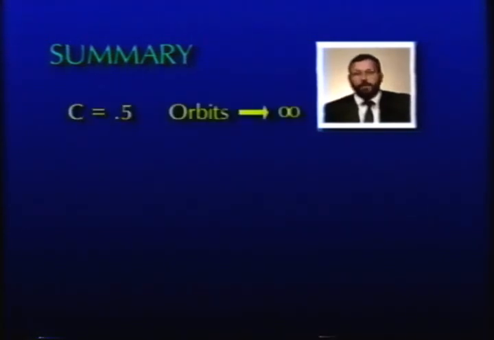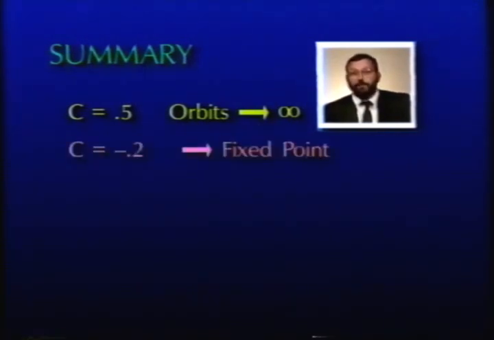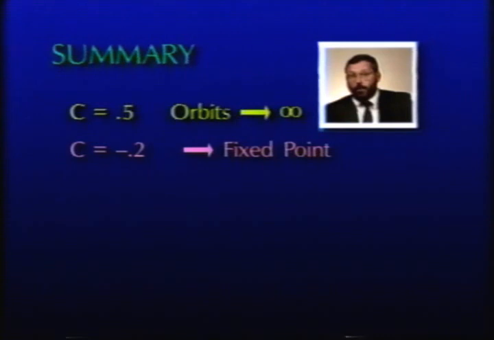We've seen that for iteration of x squared plus 0.5, typical initial conditions have orbits that tend off to infinity. On the other hand, when we lower the value of c down to minus 0.2, this behavior changes. We saw that typical orbits for x squared minus 0.2 tend to one fixed point. They tend to be attracted to a fixed point.